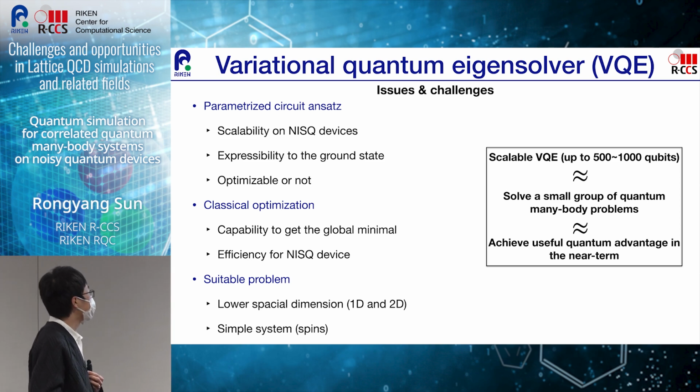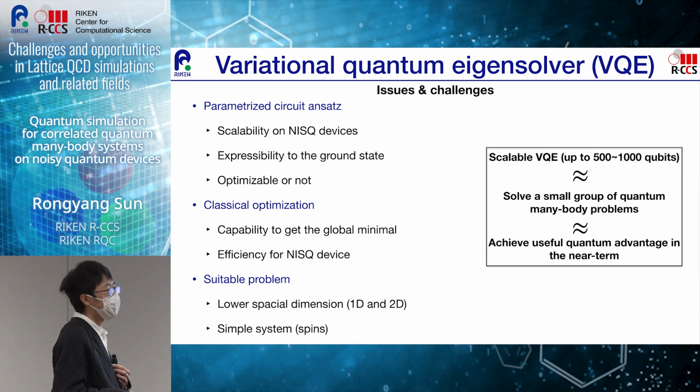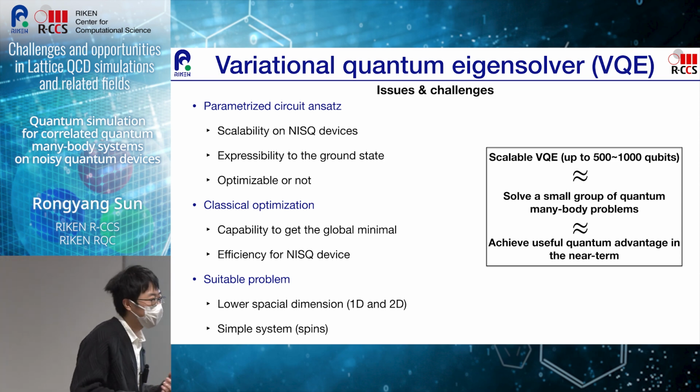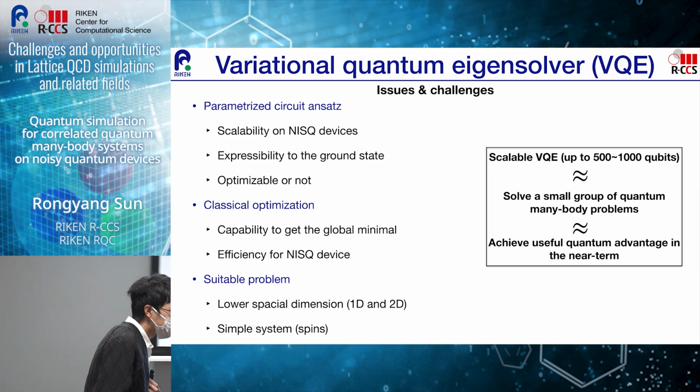And also you need to consider some suitable problems. For example, your problem should be in lower spatial dimensions, for example, one dimension and two dimensions. Also, it's better to consider some simple examples like spins, like the Hubbard model.